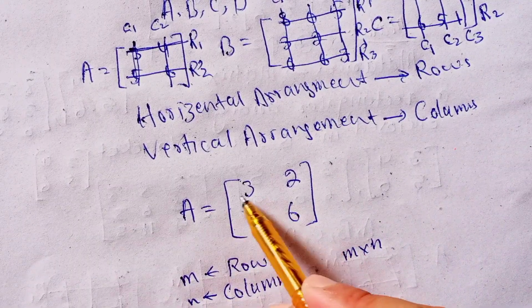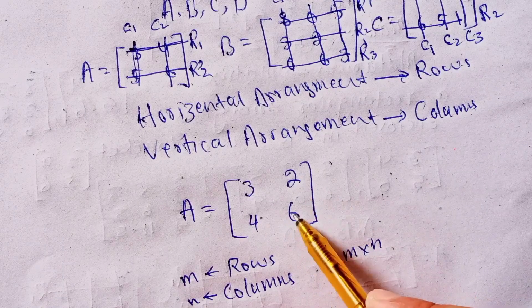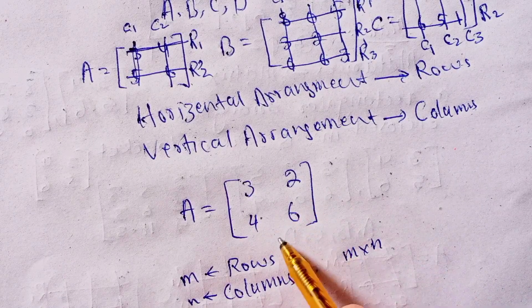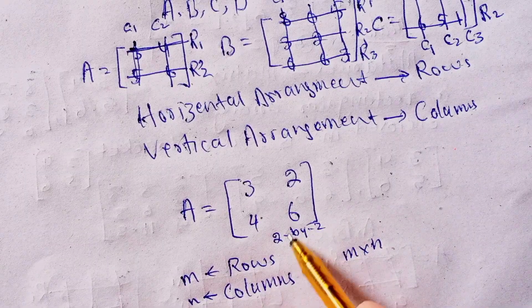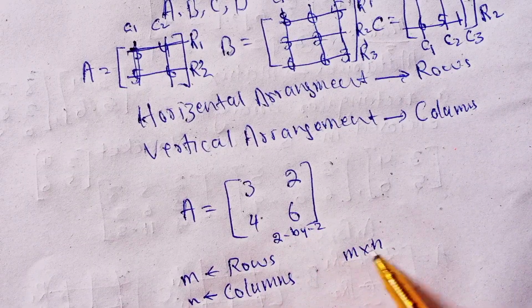For example, this matrix has 2 rows and 2 columns, so the order of this matrix will be 2 by 2, right? We call it 2 by 2, or m by n.